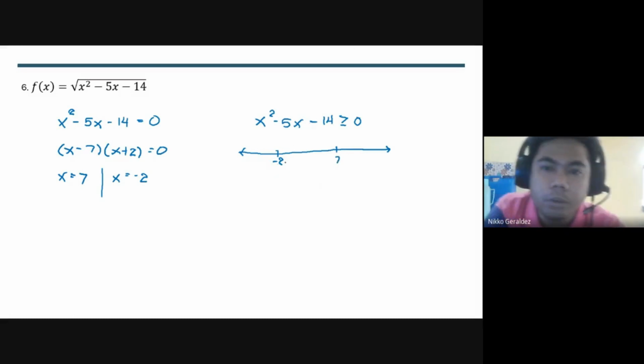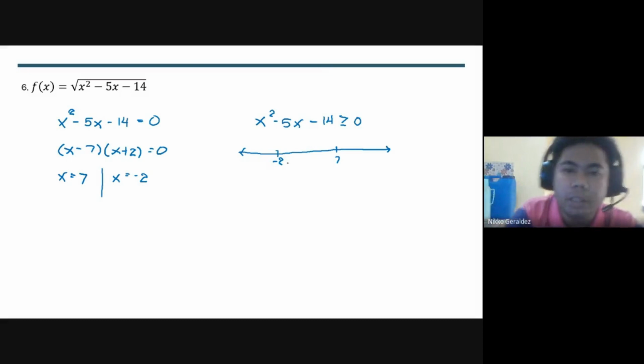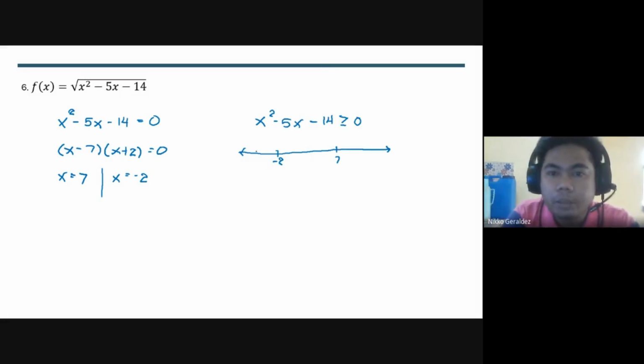Negative 2 and positive 7 divide the number line into 3 intervals: negative infinity to negative 2, negative 2 to positive 7, and 7 to positive infinity.